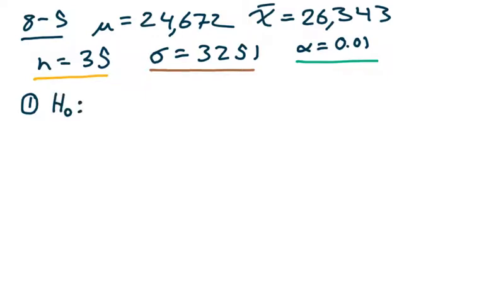The steps are very similar. Step 1 is the same. We're going to state the hypotheses. And so the null hypothesis is there's no difference between this hospital and every other hospital, right? The null hypothesis is essentially always a statement of the status quo, right?